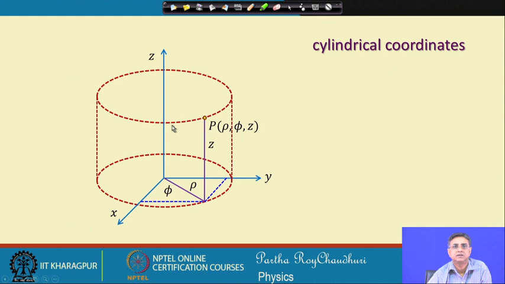So, look at this cylindrical coordinates. If I have my source sitting here, then on the surface of the cylinder, the phases will be constant. The representation is, this is the azimuth phi, this distance is rho, and the height is z, which is the usual notation for cylindrical coordinate system.